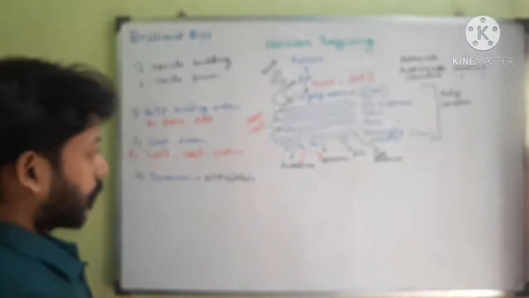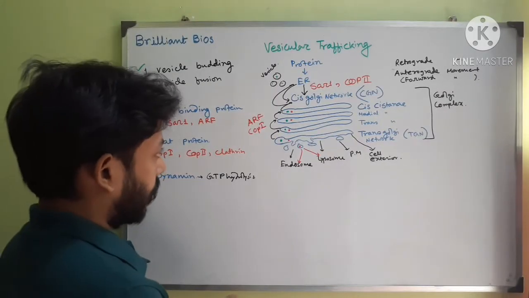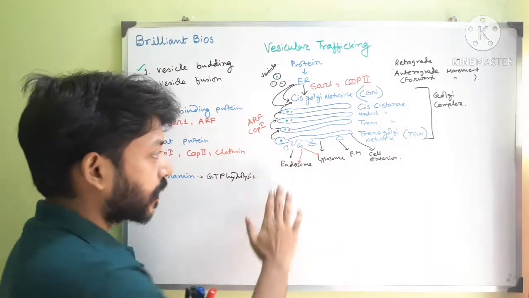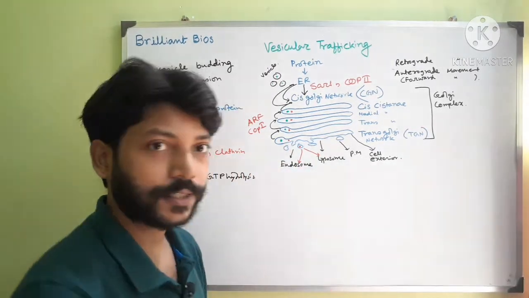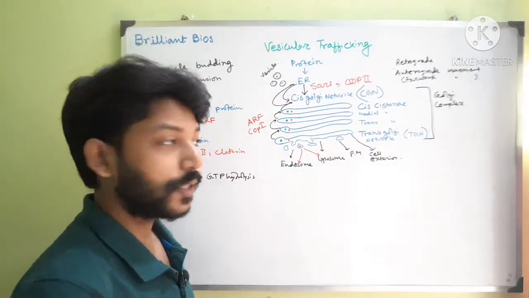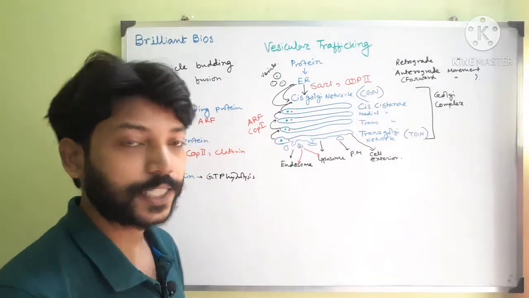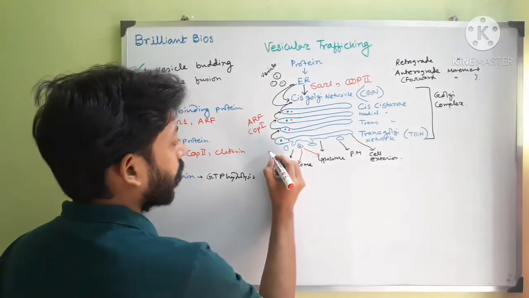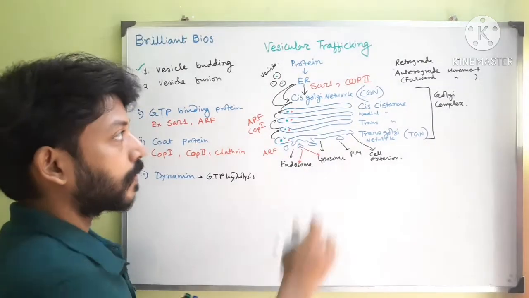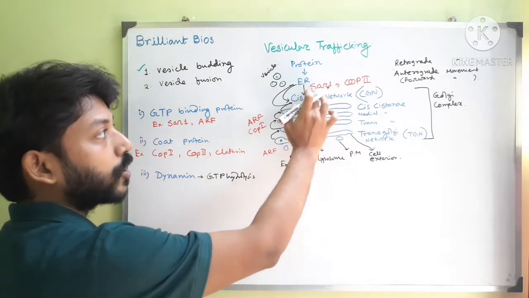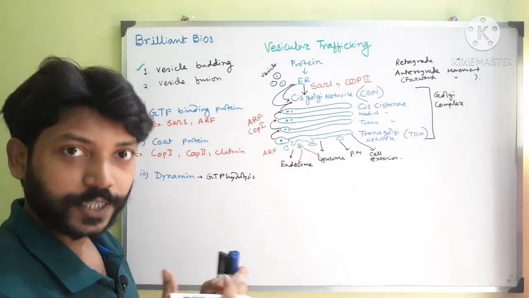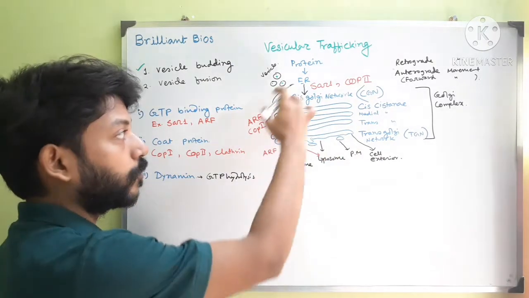Now, when proteins destined to the endosome, lysosome, plasma membrane or cell exterior reach the last border, the TGN, trans-Golgi network, then budding occurs, and in this budding process the ARF protein helps. Only in the case of the ER to the cis-Golgi network, SAR1 is responsible, COP2 protein helps in the coating, and COP1 for retrograde movement.